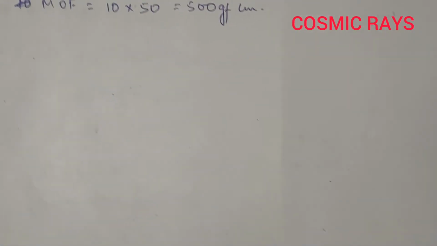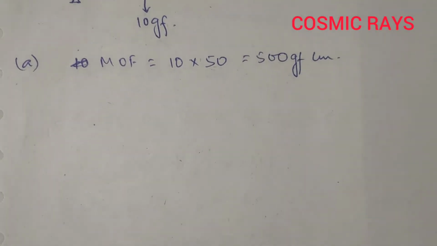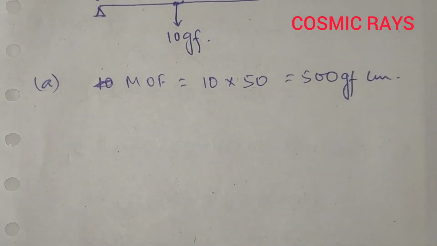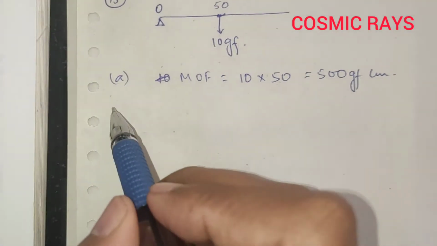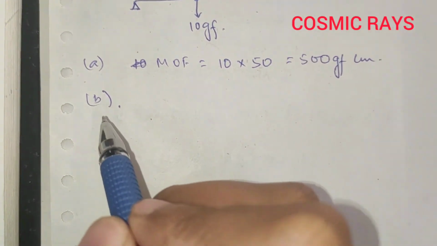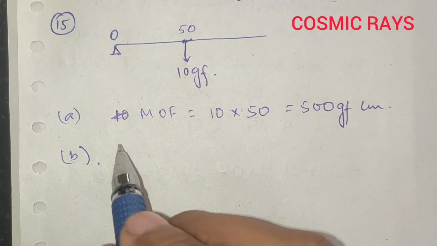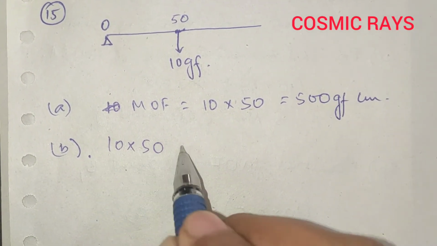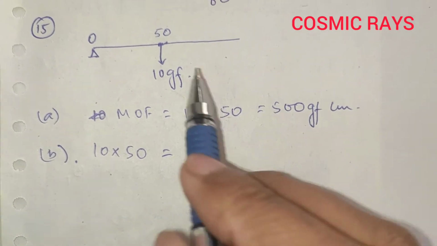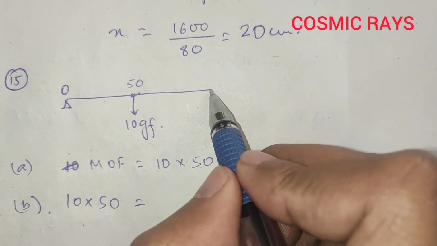And next part of the question says how can it be made horizontal by applying a least force. Now for that, again we will use the principle of moment. So we have 10 into 50 is equal to, now we will take the full length, that is here.